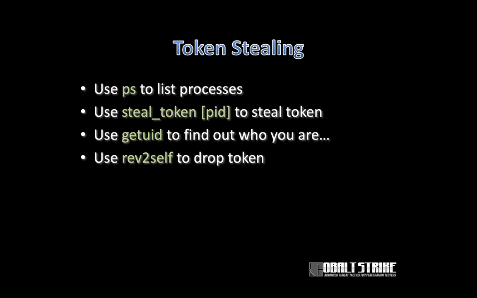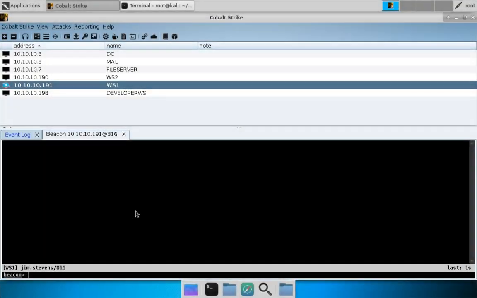To find out the username associated with your current token, use getuid. To drop the token, use rev2self. This will drop the current token from your thread and have beacon go back to using whatever is in your process token. Let's take a look at token stealing.